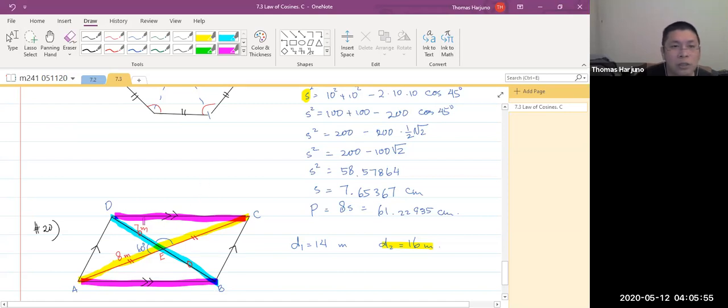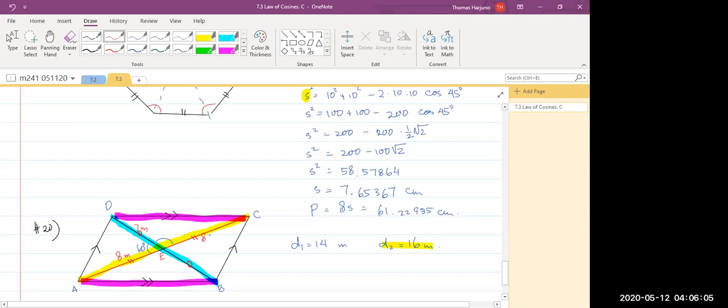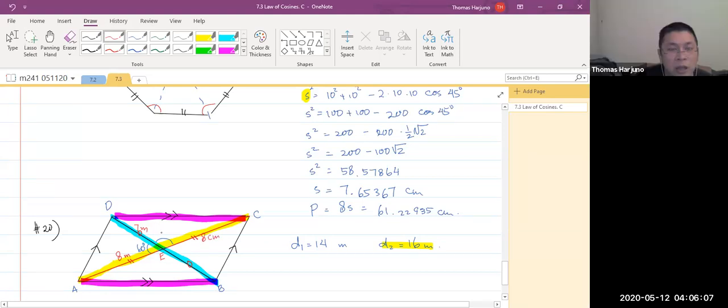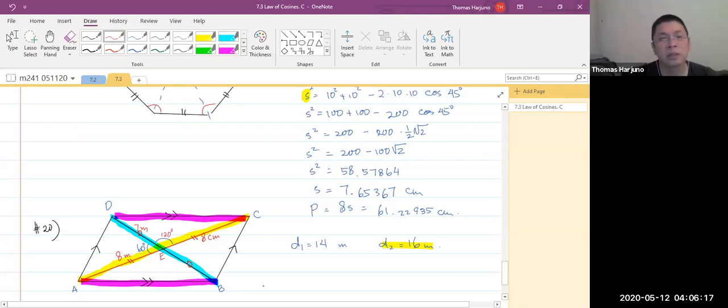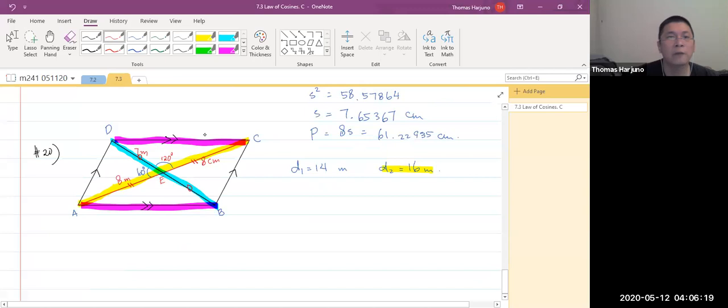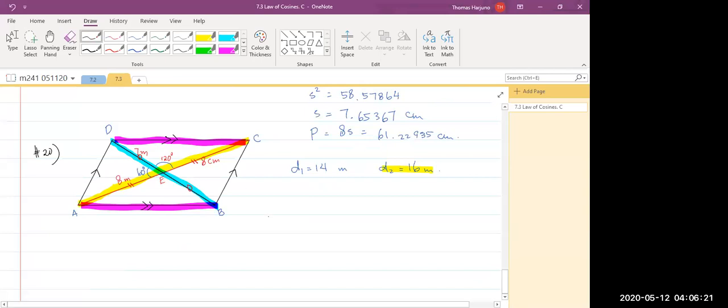Okay, let's use this triangle. So, what is this here? 8. This is 8 meters. What's the angle here? 120. It must be supplementary to that 60, right? So is the 8 meters or centimeters?